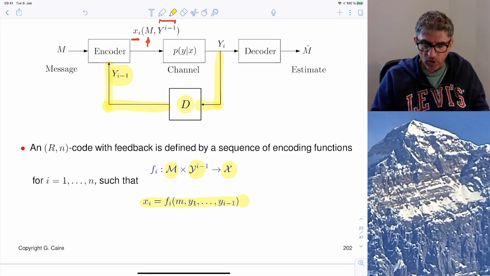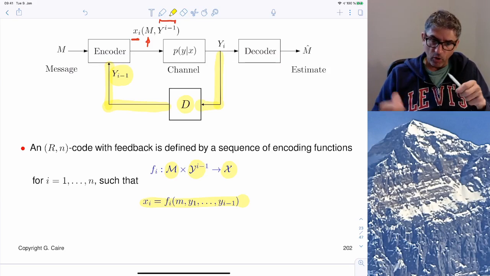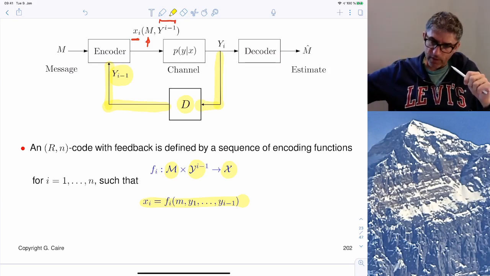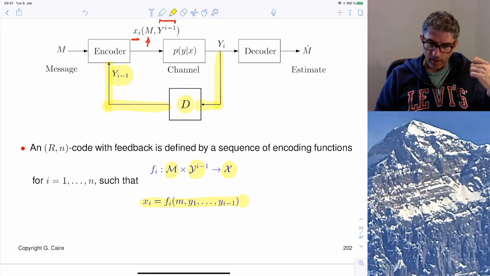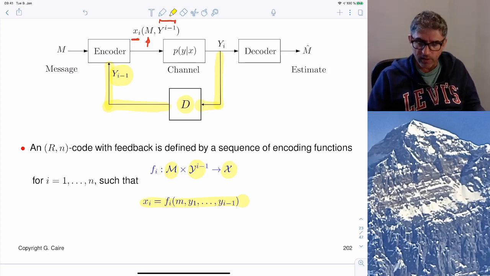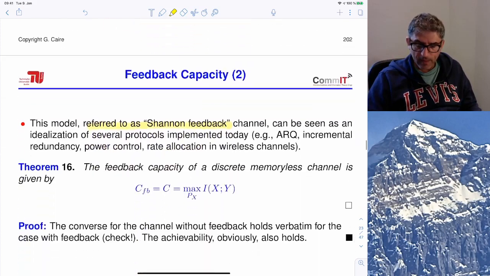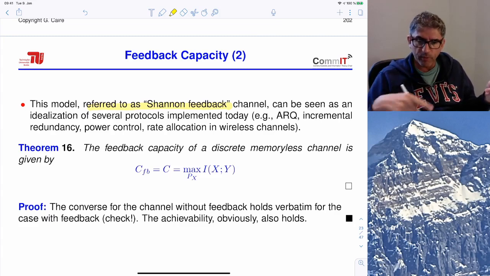For example, you can have what is called an automatic retransmission request, or ARQ scheme, for which the decoder tries to decode, and then if it's not able to decode, will ask for more symbols from the encoder, and this by sending back an acknowledgement or a negative acknowledgement, which means send me more symbols because I cannot really figure out what the transmitted message is, right? So that's a very idealized version of what actual closed loop protocols do in terms of error control.